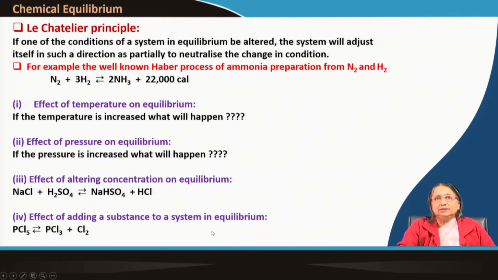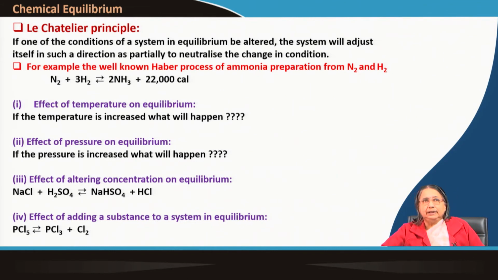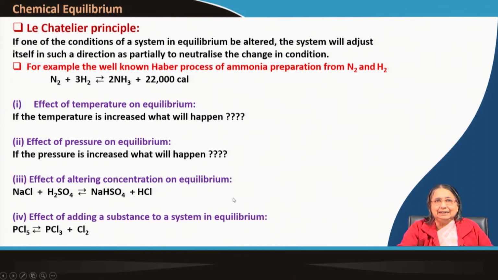When you introduce some gas from outside, it will increase the pressure and it will always try to decrease the pressure, and it will act in such a way that it will go towards either the forward or backward reaction to reduce the pressure. That example I have not shown here, but if we understand this thing, then we can easily tell that this will happen like this.